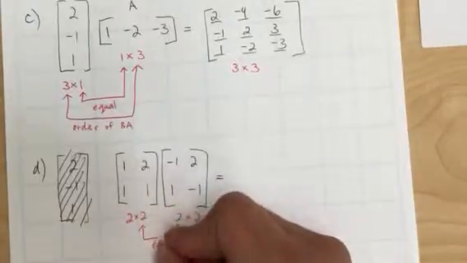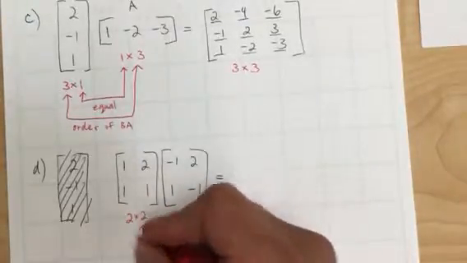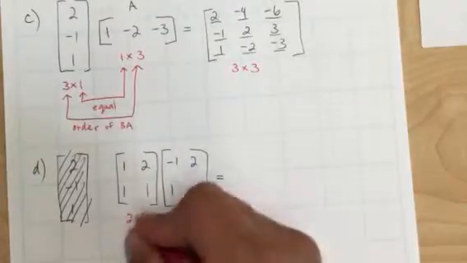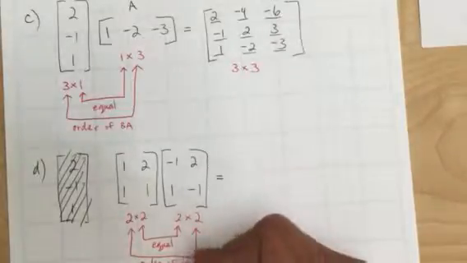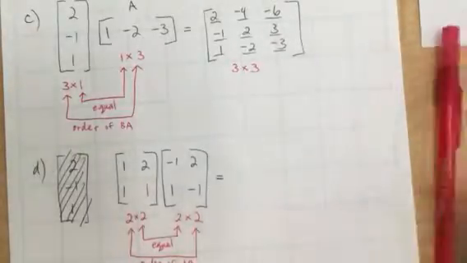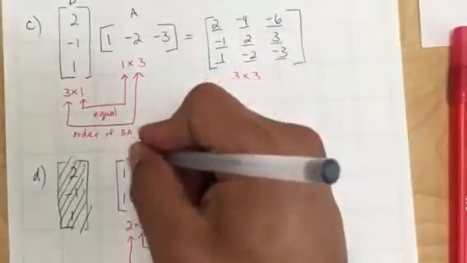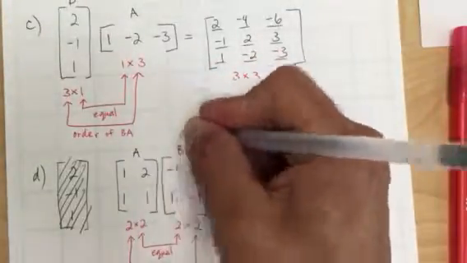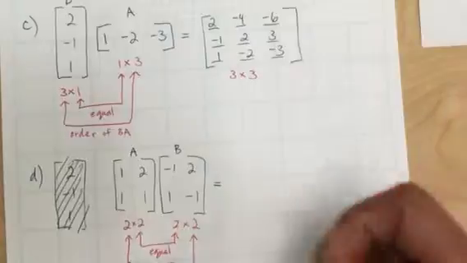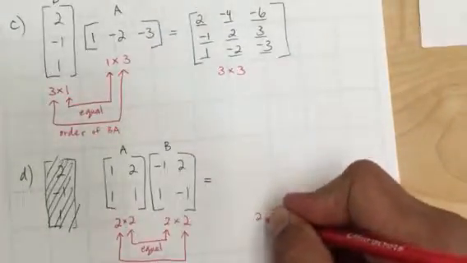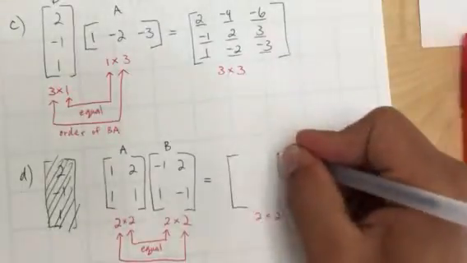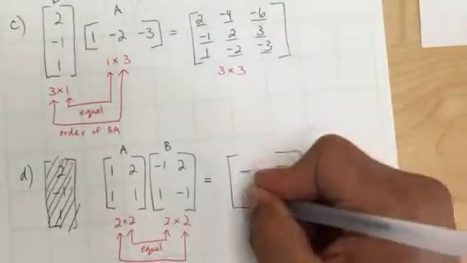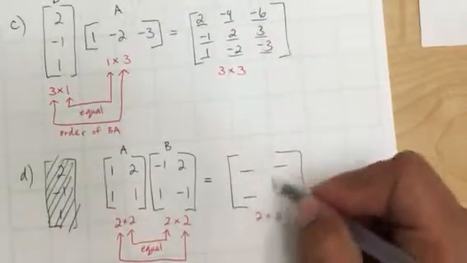We can see that these are equal, so we can multiply these two, and then we can see that the order of our new matrix is gonna be a 2 by 2. So we're starting a new problem here, so let's call this one A, let's call this one B again. So we know that the order of our new matrix is going to be a 2 by 2. So here we go, 2 rows, 2 columns.